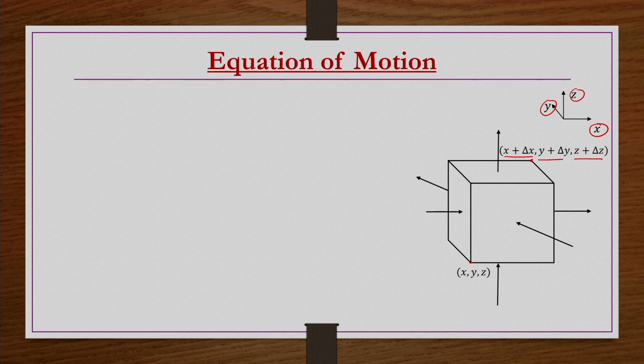Now, the size of this control volume in the x direction is delta x, in the y direction it is delta y, and in the z direction it is delta z. Okay.